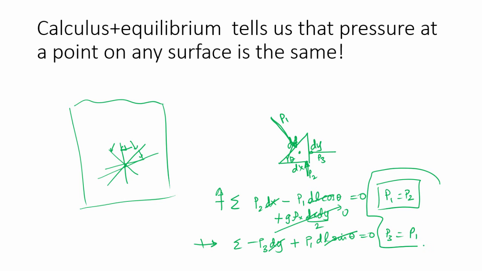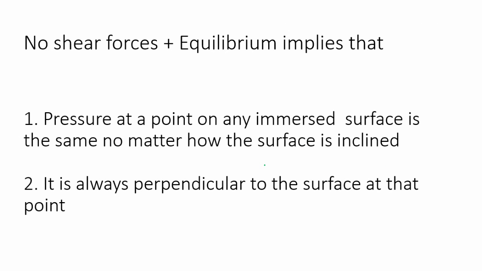Notice that the pressure on this face, that face, any face will be the same. This is what calculus will allow us to do. Okay, that's it. So no shear forces plus equilibrium implies that pressure at any point on any immersed surface is the same no matter how the surface is inclined.